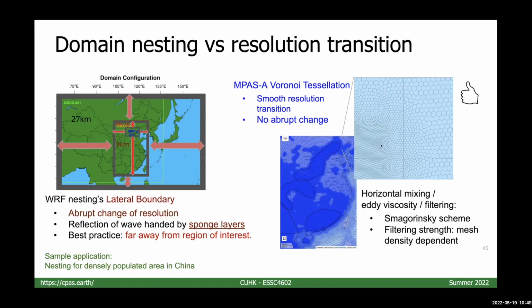So the benefit of having no abrupt change of resolution is retained in the MPAS model, and yet the shape of the refinement region can be arbitrary. So these are the good features we want. On the contrary, actually, I haven't mentioned another restriction of WRF domain nesting.